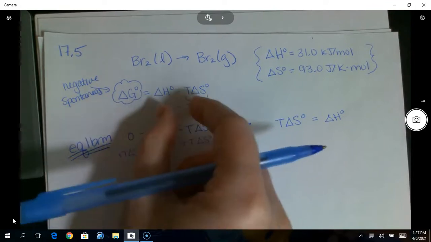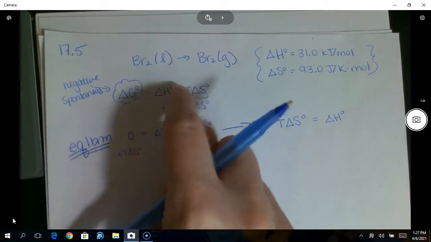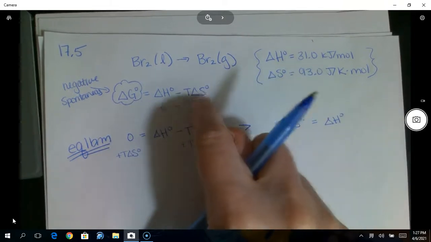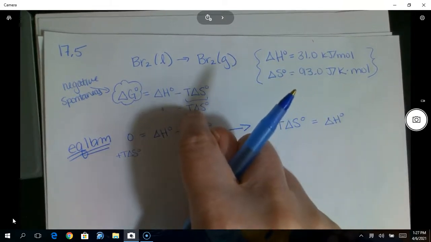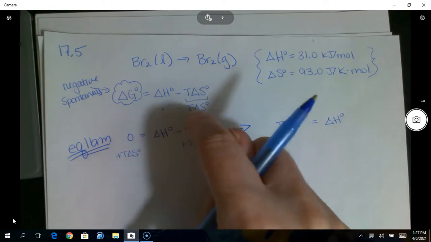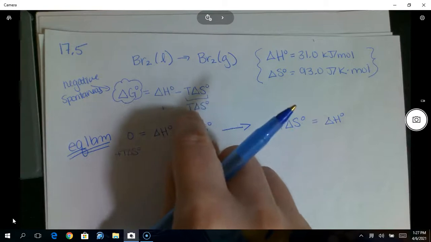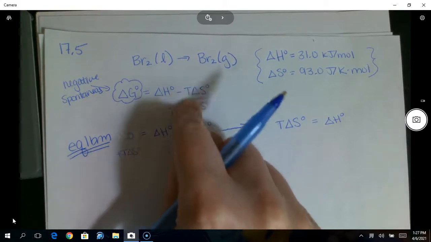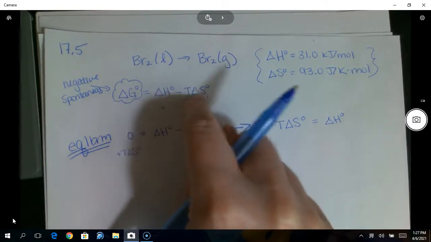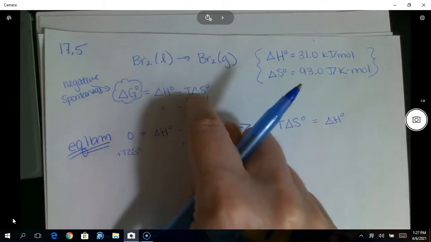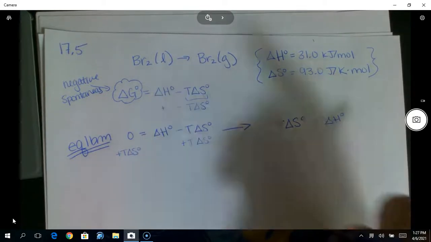If we can figure out when these are equal, then because S is consistent and we know what S is, T is the one that's changing, so this is all based on the temperature. If we find when these cancel each other out and we get 0, then any temperature higher than that makes this side larger, and your overall will be negative.